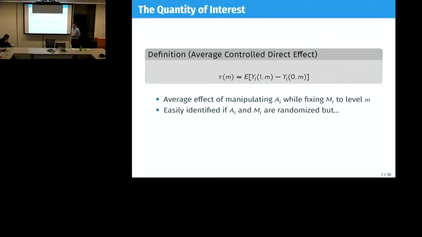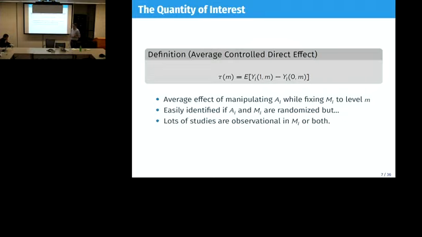So this is generally very easy to identify if A and M are both randomly assigned. If we randomly assign A and M, then each of these is basically equal to the observed average of Y at that level of A and M, and we can just take differences in means and everything is fine.